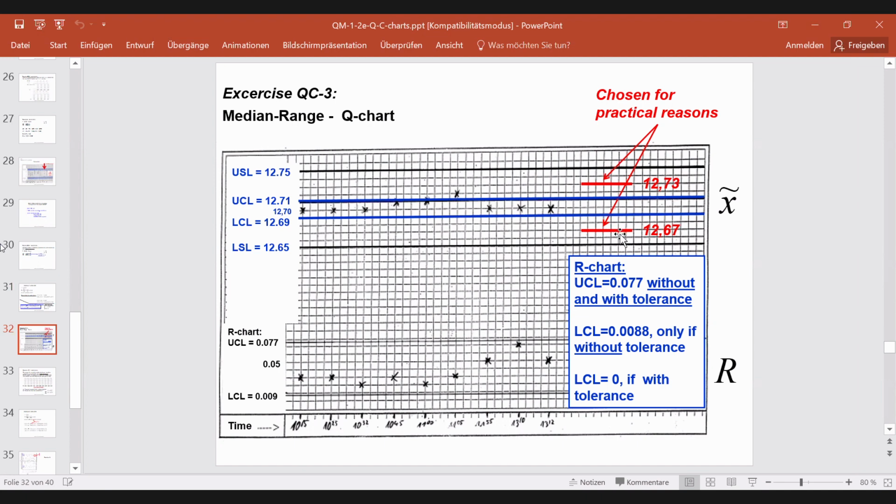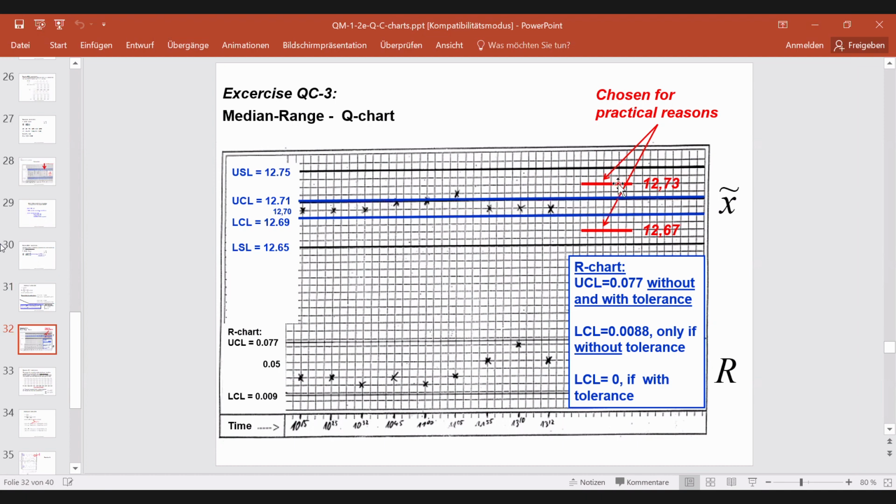And if you compare this area between these control limits, the red lines, with the specification limits, it is also in a very good way between these specification limits. So why use such a small area between the control limits?